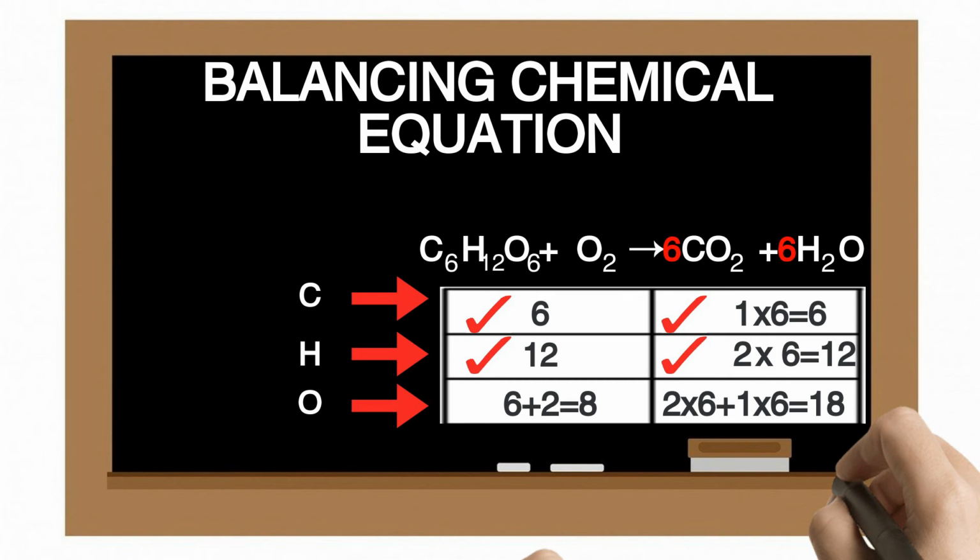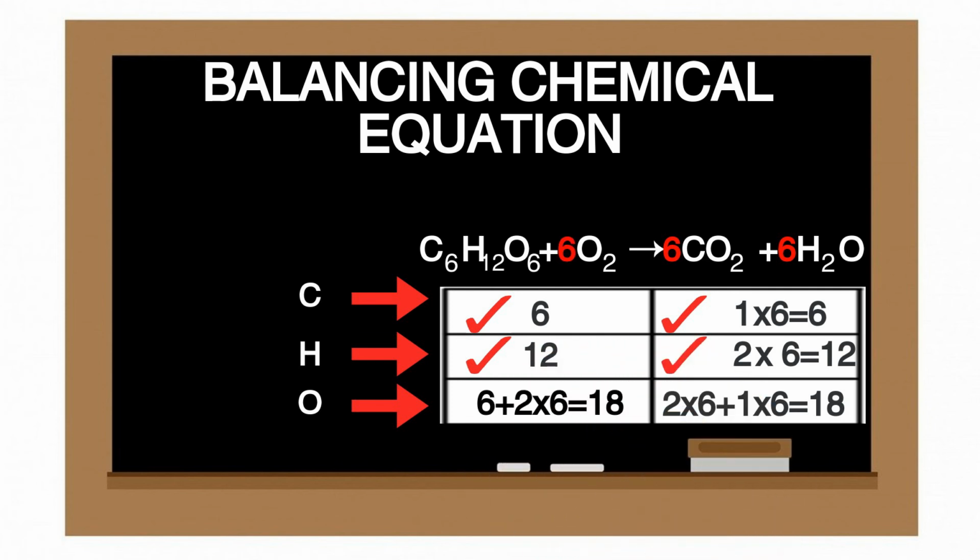Now we go to the reactants part and we have C6H12O6, and here the number of atoms of oxygen is 6. Another reactant here is O2 and it has 2 atoms. Now we will multiply the O2 with 6. And don't forget to mention the coefficient of O2.